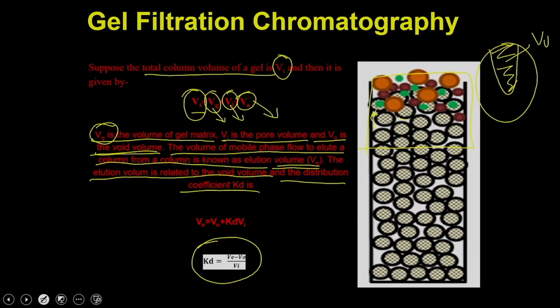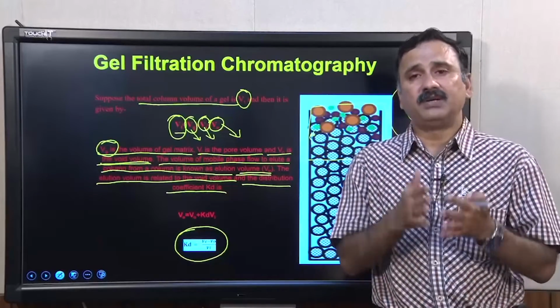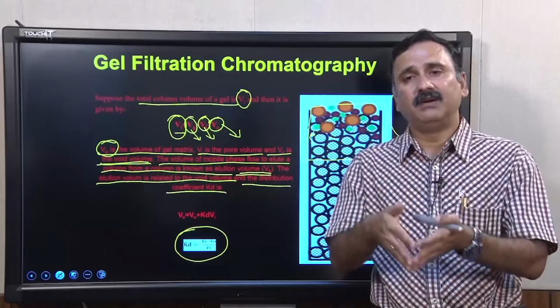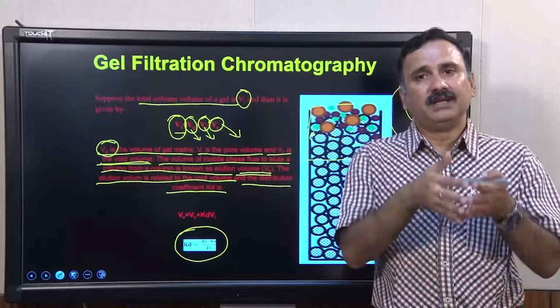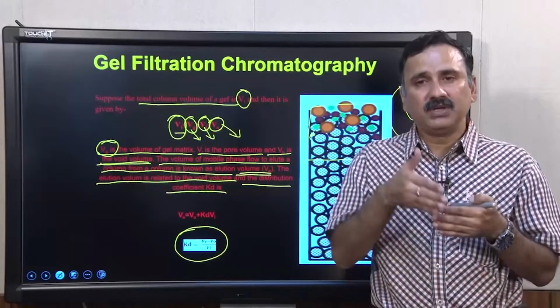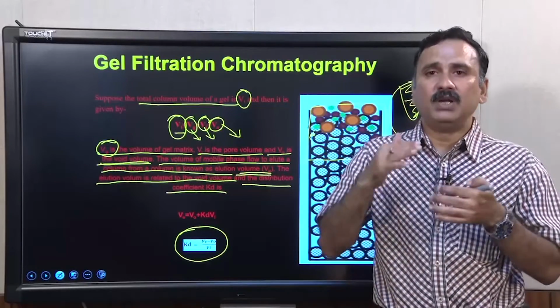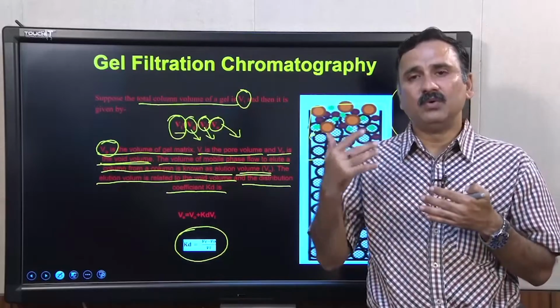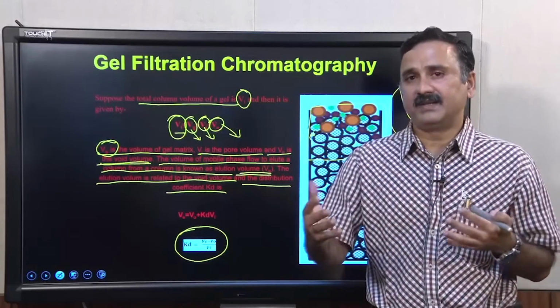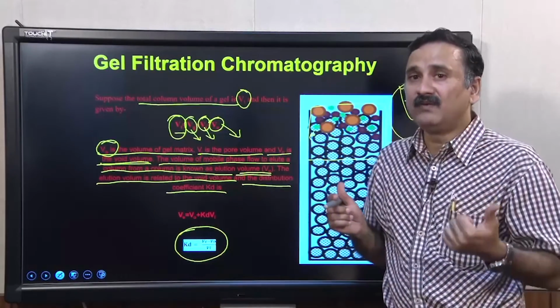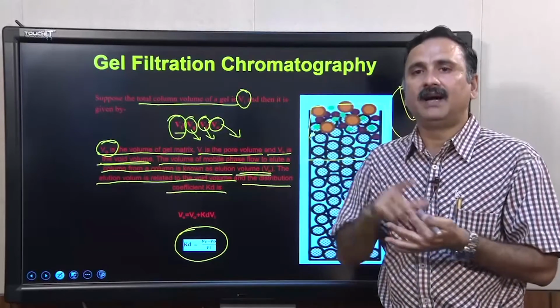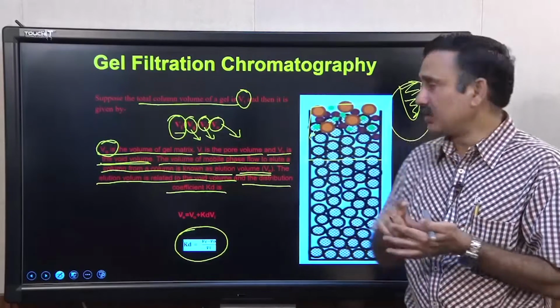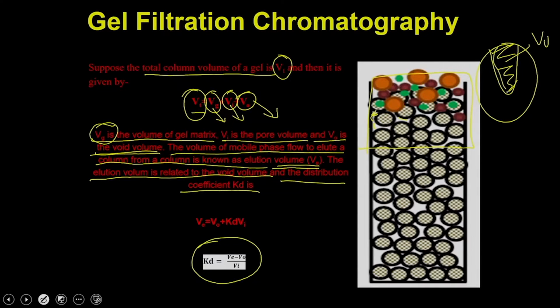If you still recall, we discussed the distribution coefficient in our first lecture of chromatography, where we said that the distribution coefficient determines how the molecules are going to be distributed between the 2 phases. In this case you have 2 phases, one is the aqueous phase, which is the outside, and the other phase is the pores present within these beads. This is the Vi.